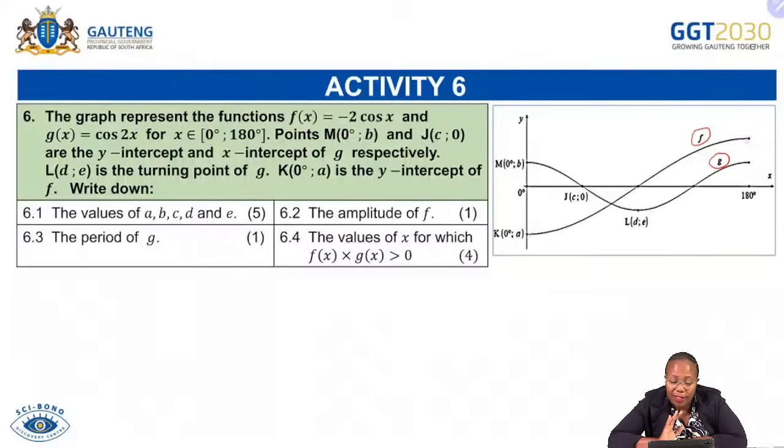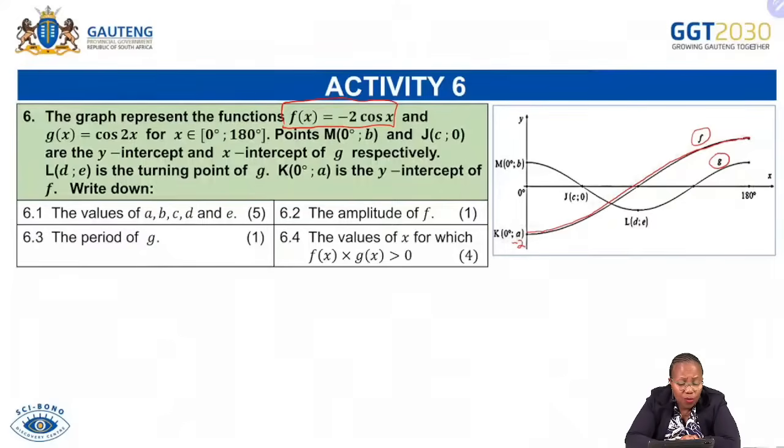So now, grade 12, it is better to analyze the graphs. We are given the f at x graph is minus 2 cos x. We are talking about this graph here, let me highlight that in red. That is the f graph. This graph has an amplitude of 2 and starts at minus 2, so the value here is minus 2. Then it goes up to 180.